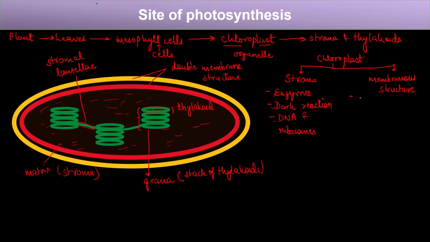So the membranous structure consists of the thylakoid membrane plus the stromal lamellae, which is also a membrane. And the membranous structure is the site for the light reaction.